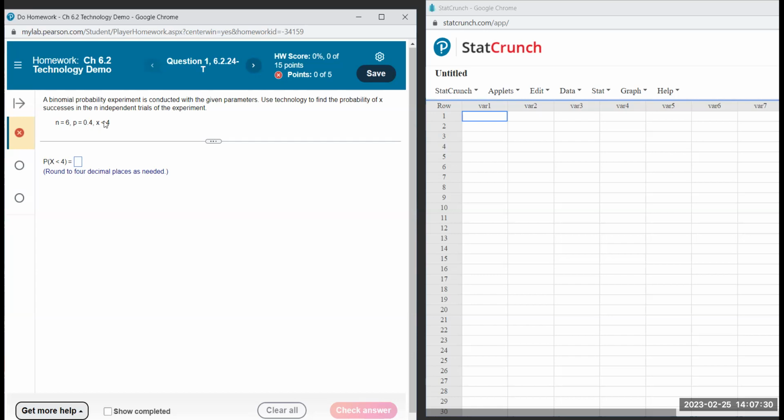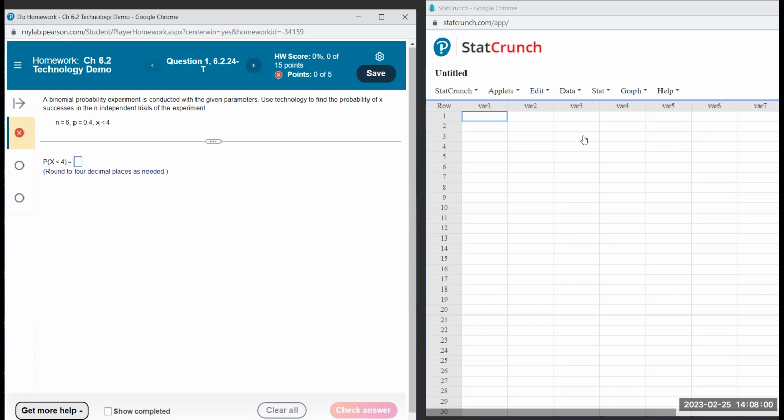What are the odds that you'll have less than 4 successes? Let's say for the next 6 days, the probability of rain is 40%. What are the odds that you'll get rain on less than 4 of those 6 days? So you'd have to find the probability of 0 rain days, or 1 day, or 2, or 3. Not 4, because it doesn't say equal to 4.